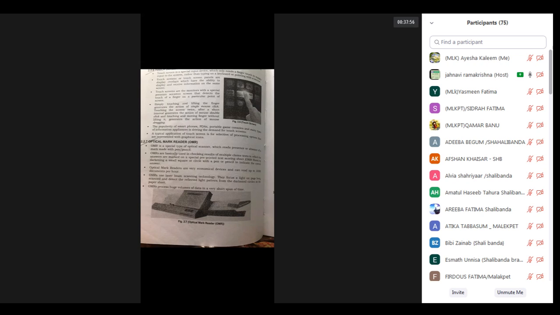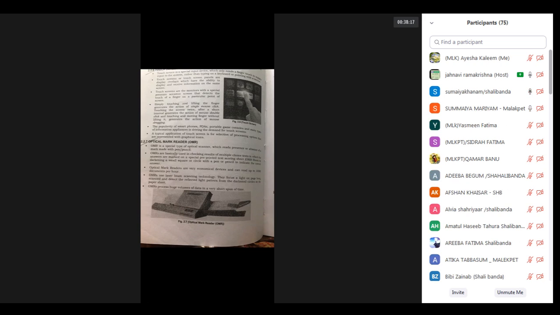The people designing the OMR sheets should be very particular. The design should be very good and proper to make things happen in an accurate manner. I hope you're all understanding.